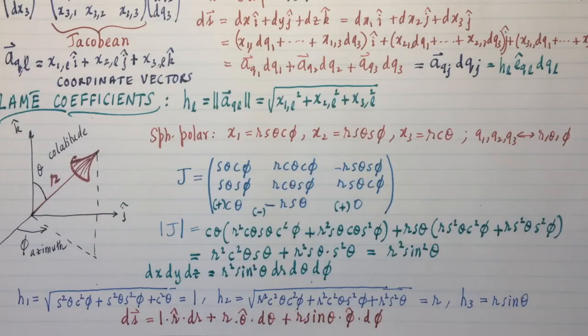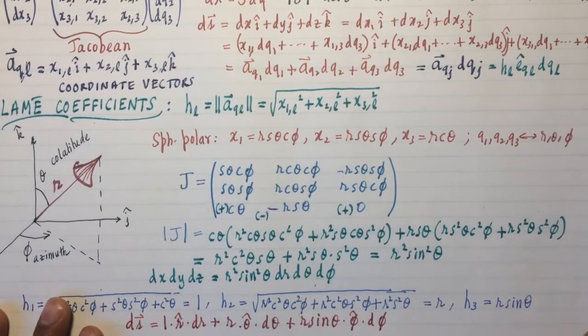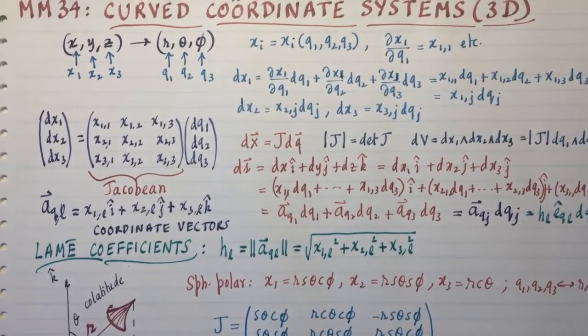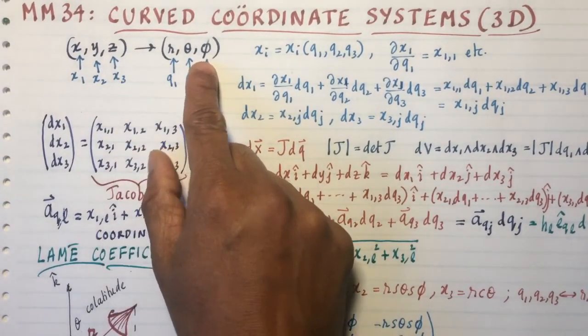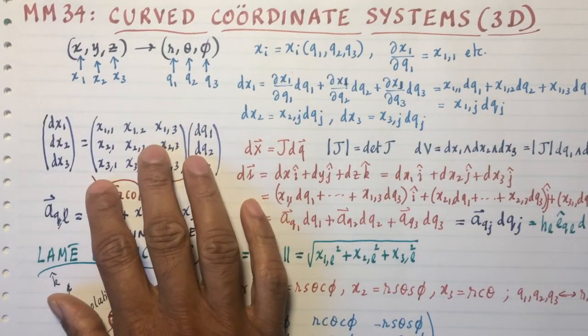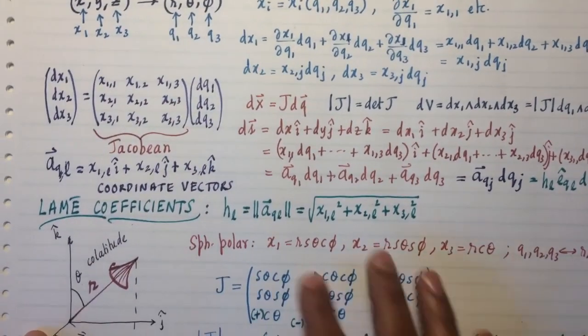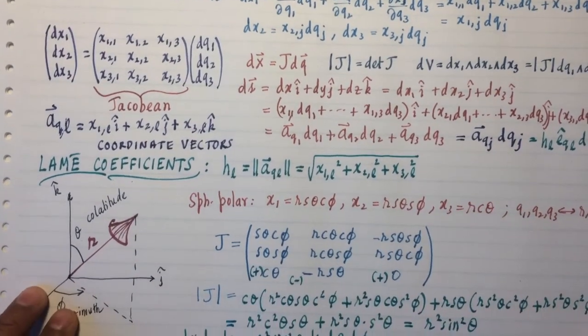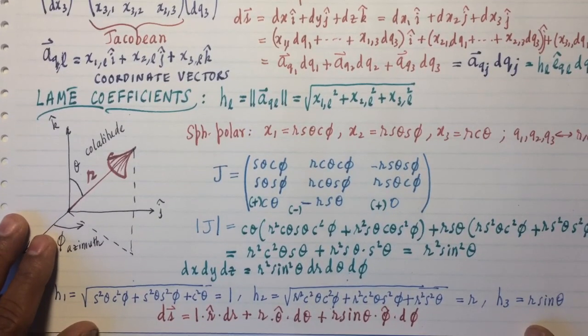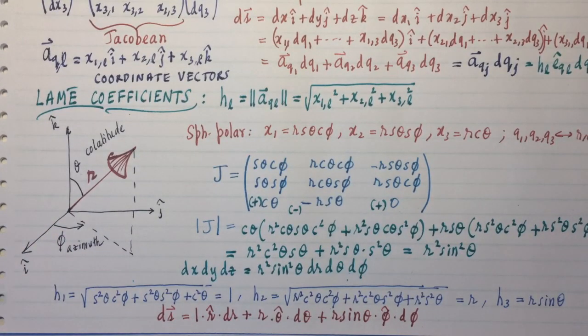And so let's just summarize what's going on here, because lots has happened. You take the coordinate system that you start with, its defining equations, form the Jacobian, and once you form the Jacobian, you then form the Lame coefficients, and then go forward from there. So it's a pretty intricate several-step procedure.